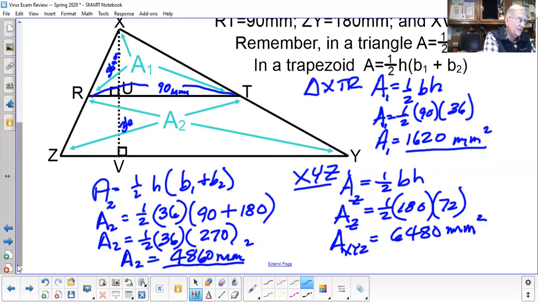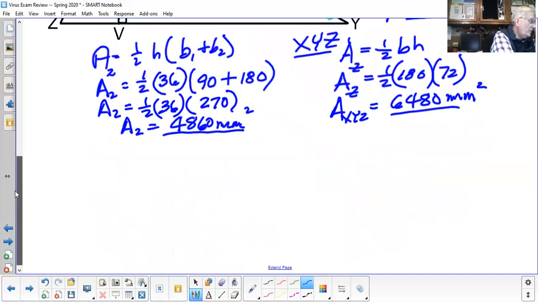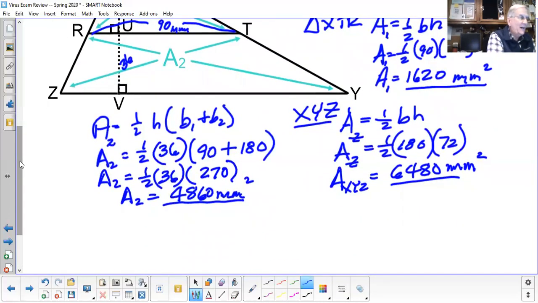square millimeters. Now, is the area of triangle XYZ equal to the area of the other two pieces put together? Let's find out. Area 1 plus area 2 should be the answer that we got for the area of XYZ. Here we got 6480.